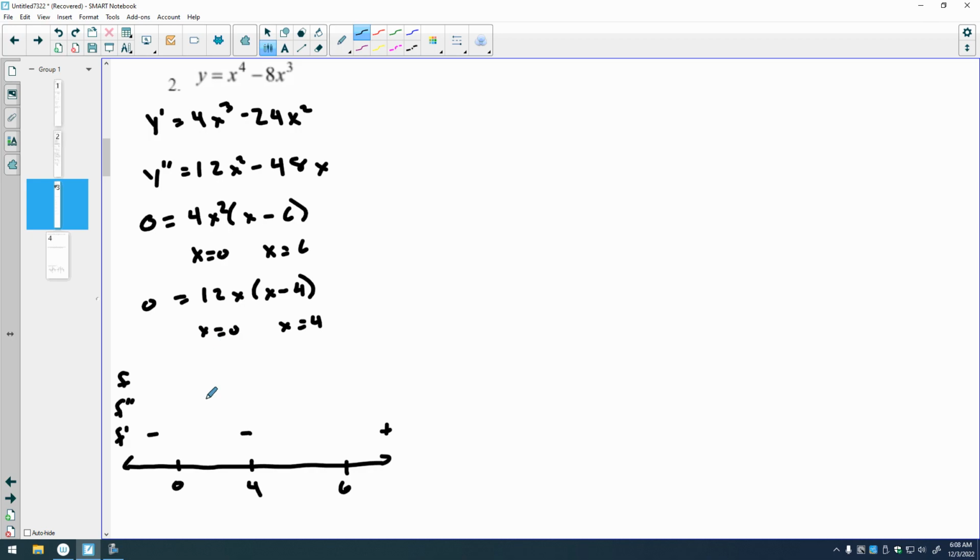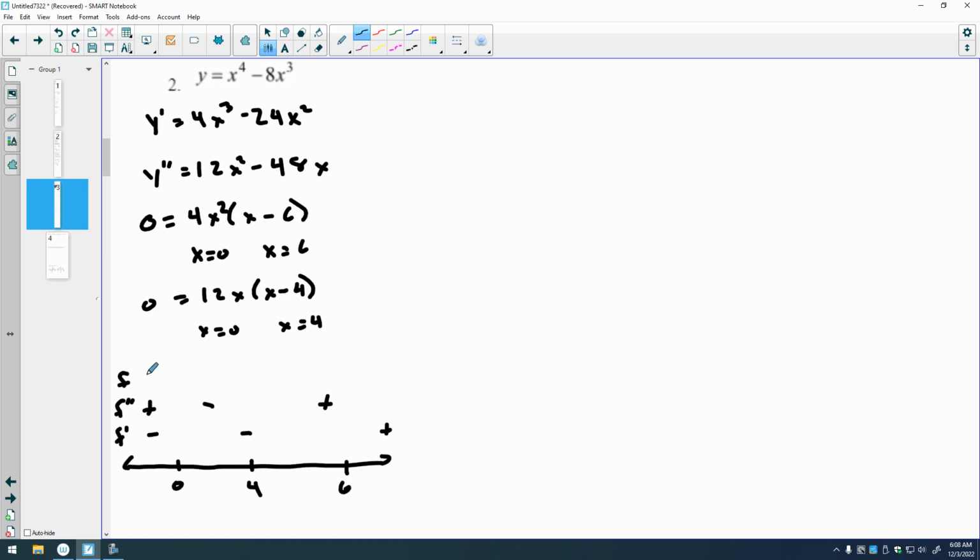At 0, to the left of 0 in f double prime, that's negative. That's negative, which gives me a positive to the right of 0. Between 0 and 4, like 2, that's positive. That's negative. It's negative. From 4 and up, greater than 4, that's positive. That's positive. This is positive.